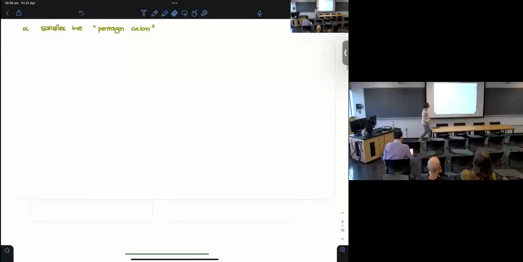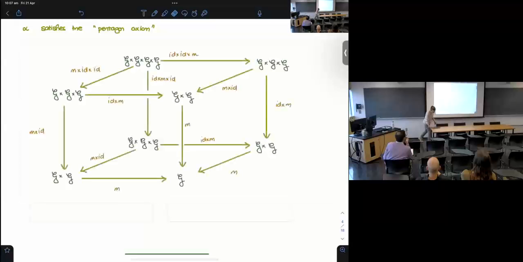Okay. Let me say a little bit about one of the conditions that alpha satisfies. It satisfies something called the pentagon axiom, if you've read about monoidal categories before. It's called the pentagon axiom because we start with 4 group elements instead of 3, and we put the brackets in different ways and move them around, and what we get is a pentagon. Over here we have our 4 group elements.